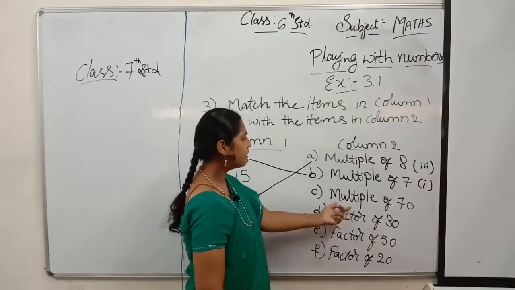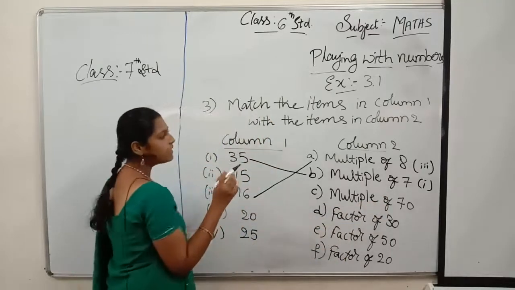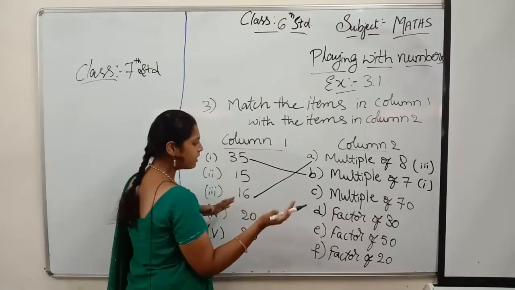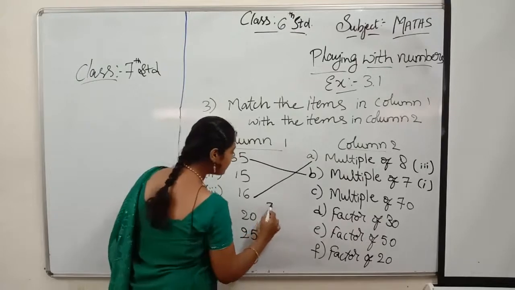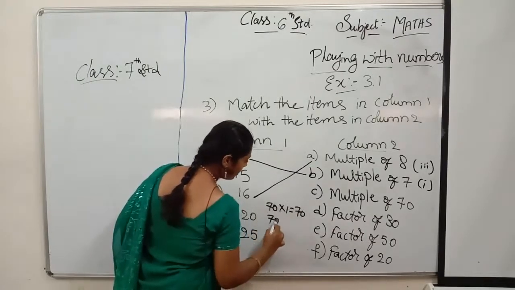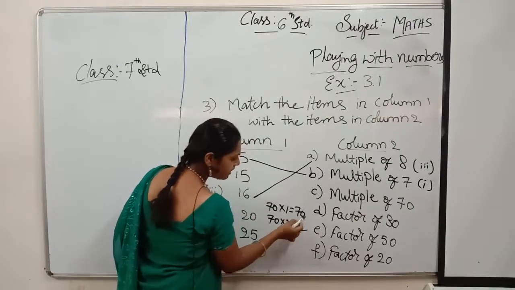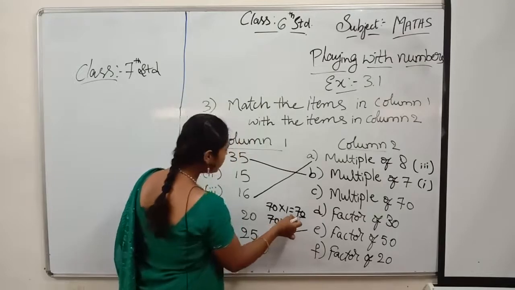Next, the third one is multiple of 70. See, multiple of 70 means 7 ones are 70, 7 twos would be a big number. 7 ones are 70 only. This is a big number already.